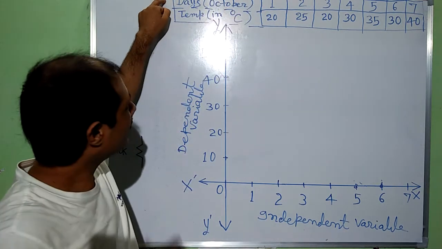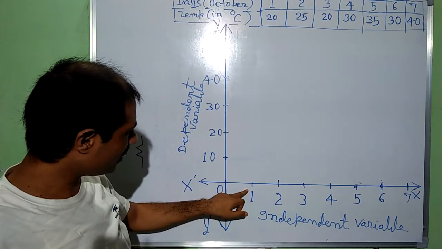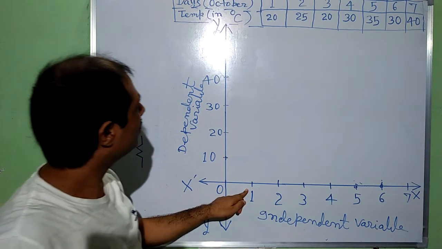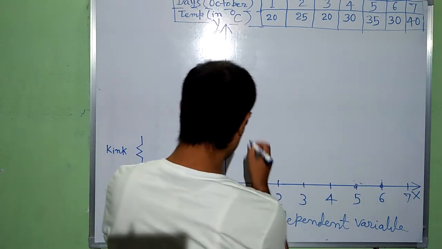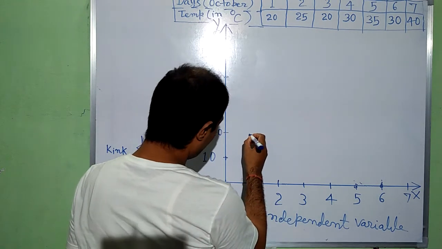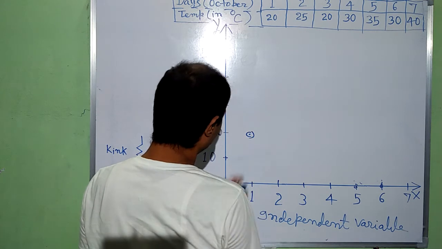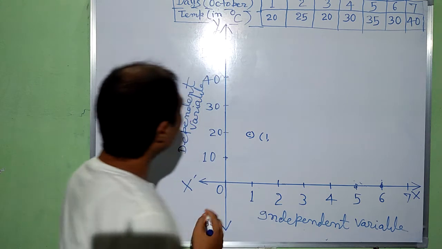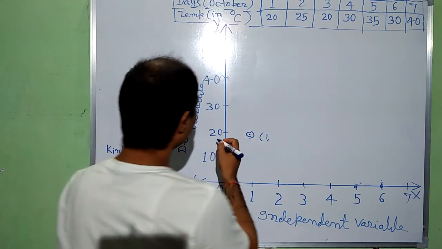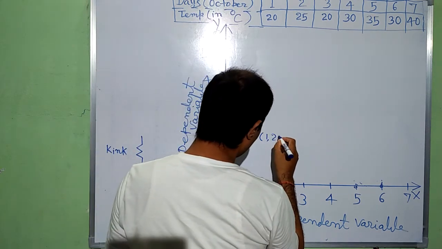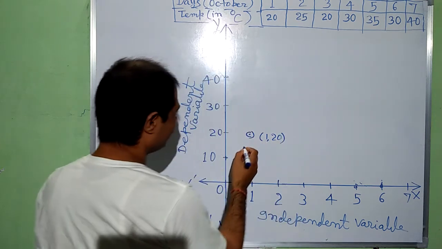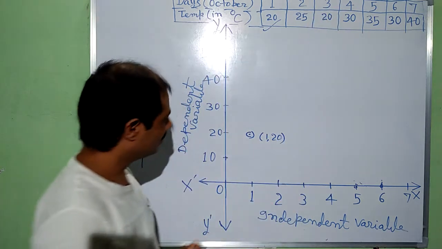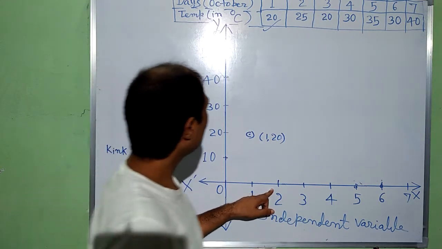One is day in October. This is 1 unit, and its temperature measured is 20. We will have to plot it here. This point is 1 distance alongside the x-axis and 20 distance alongside the y-axis. Now the second, (2, 25).